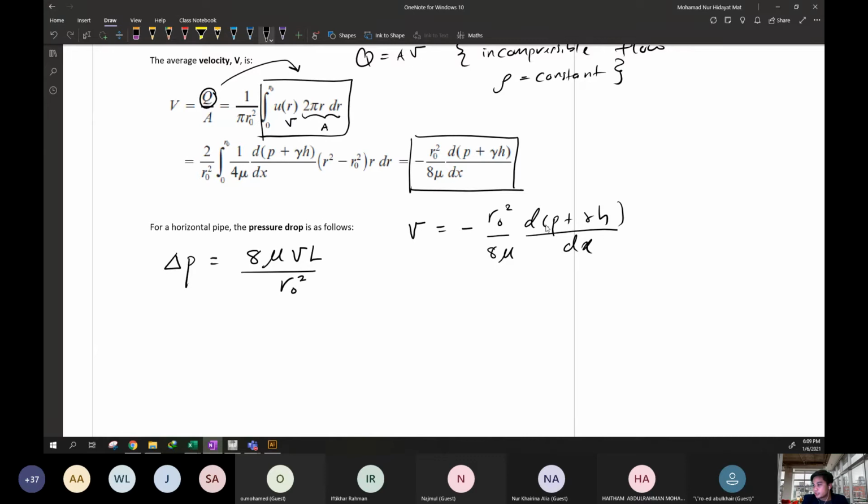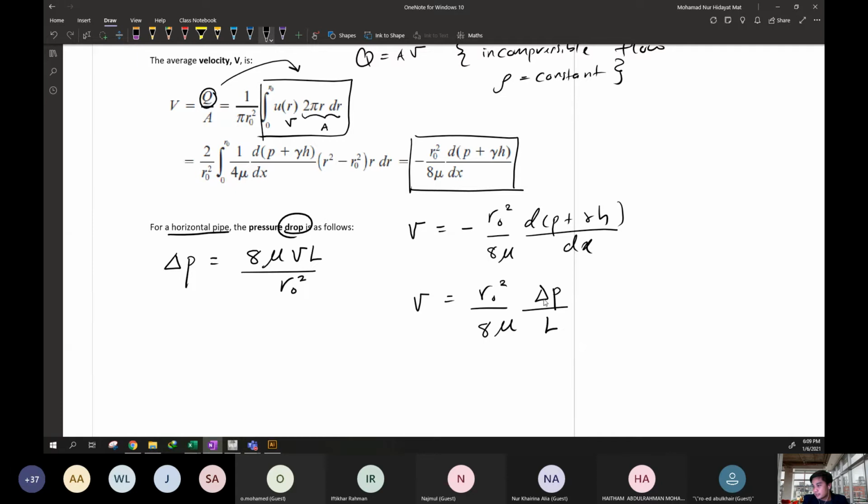This one we can replace with dp over dx when the pipe is horizontal, that means there is no change in height. dh equal to 0. So V equal to, this is the pressure drop, we know already it is a drop, negative cancels out, R0 squared over 8 mu. Over dx we can replace with L.